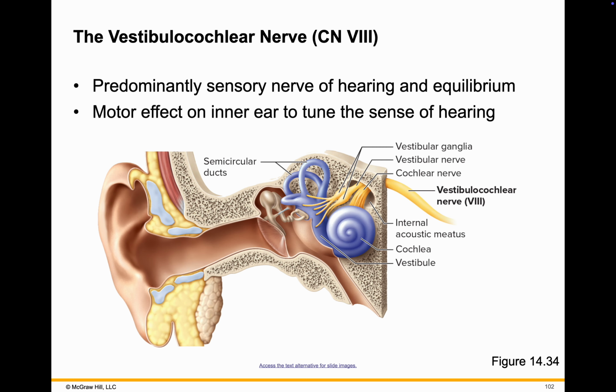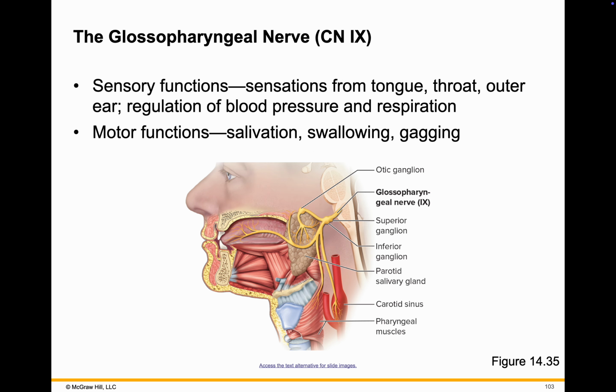The vestibulocochlear nerve, number 8, is a predominantly sensory nerve of hearing and equilibrium, with a motor effect on the inner ear to tune the sense of hearing. The glossopharyngeal nerve, number 9, has sensory functions: sensation from the tongue, throat, and upper ear, and regulation of blood pressure and respiration. But it also has motor functions in salivation, swallowing, and gagging.